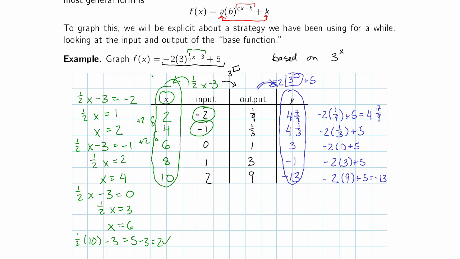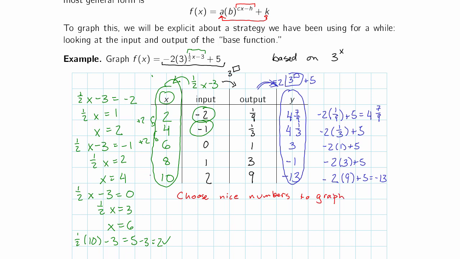Now, we have a small problem, and that is that drawing all of these numbers is going to be kind of a pain. So I'm going to just choose nice numbers to graph.